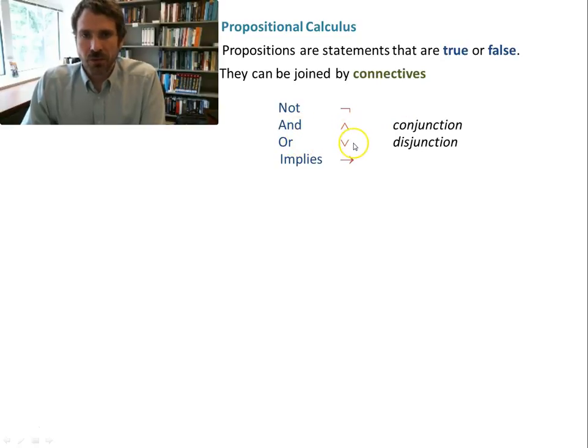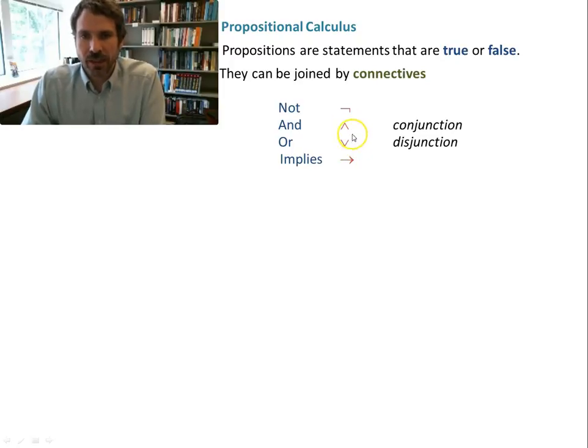You'll notice that these symbols are inverses of each other, and when you're first learning this, first getting used to what all of these symbols mean, it can take a little bit of time to get straight in your head that the upside down V is and, and the normal looking V is or.